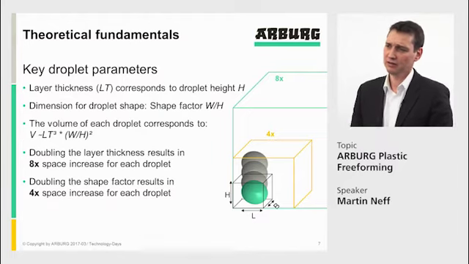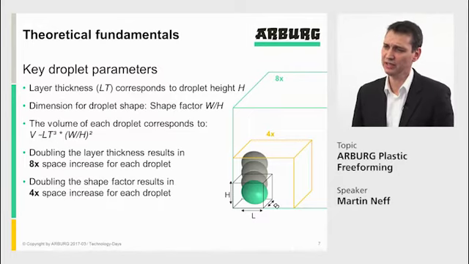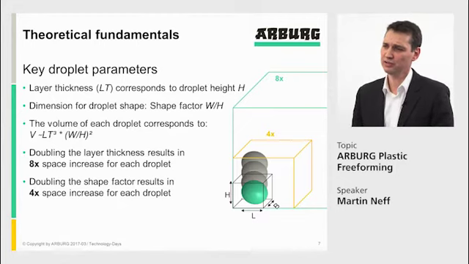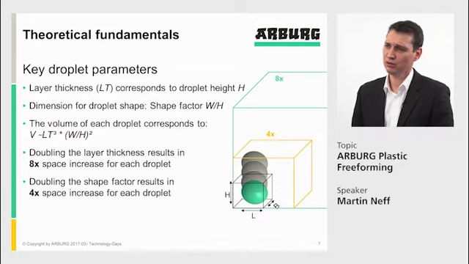Don't get into the formulas too deeply, but what we want to say is basically that the volume of each droplet corresponds with the layer thickness cubed, and also with the ratio of this shape factor squared.